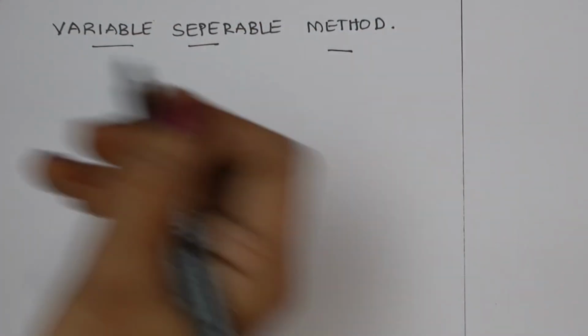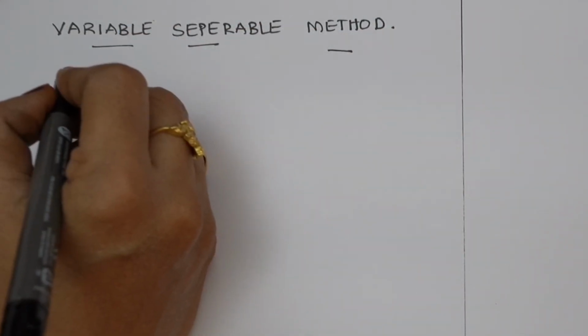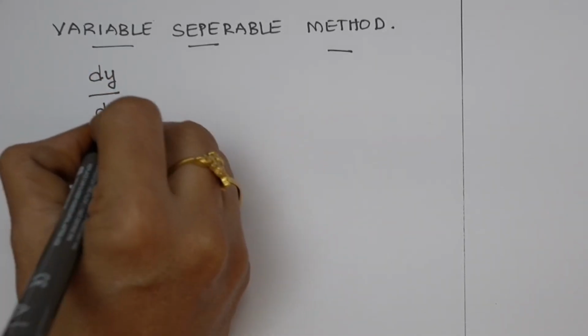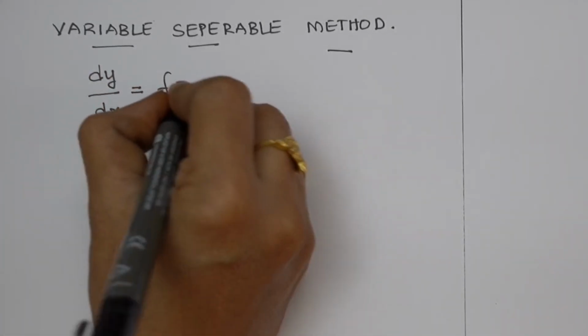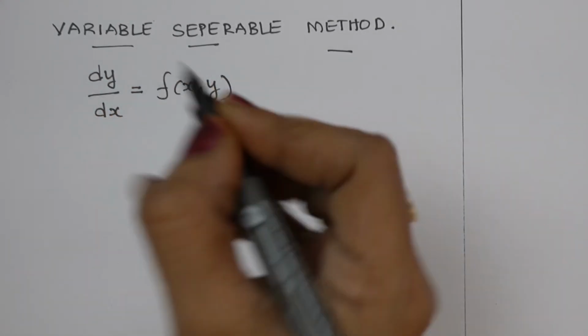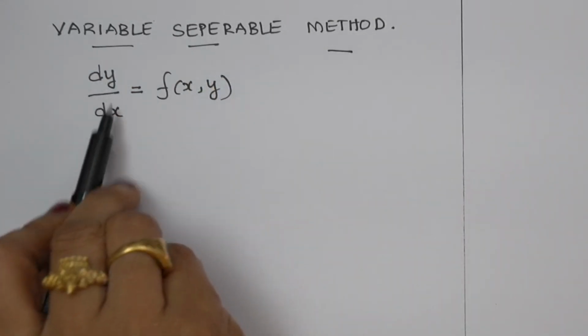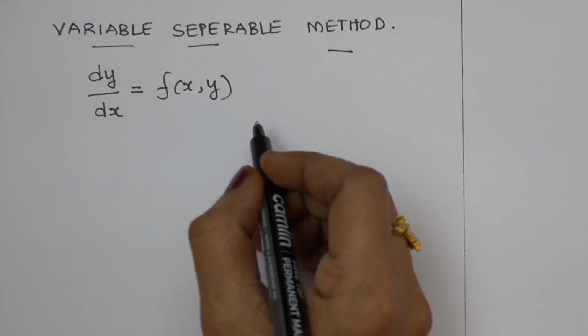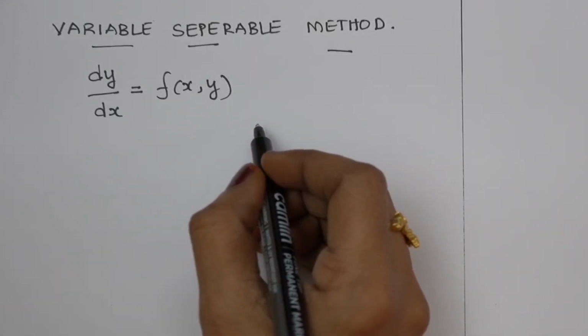Let us take a differential equation of first order first degree, that is dy by dx is equal to f of x comma y. We know that dy by dx is equal to f of x comma y is known as a differential equation of first order first degree.